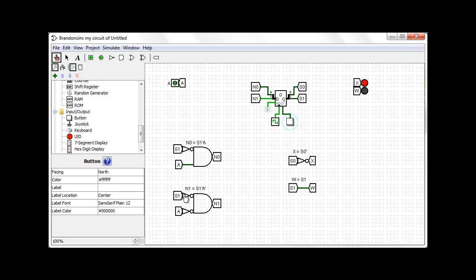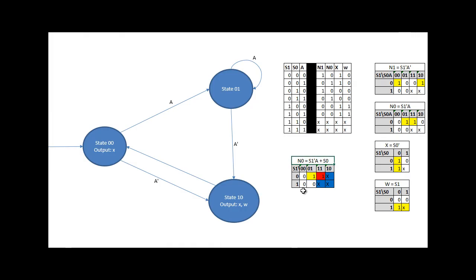N1 is going to be S1 naught times A naught. So that is how we're going to find N1. Then for our X and W, we have X equal to S0 naught, and for W we're going to have S1.